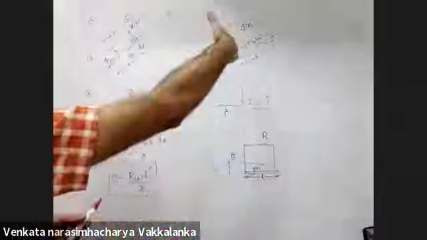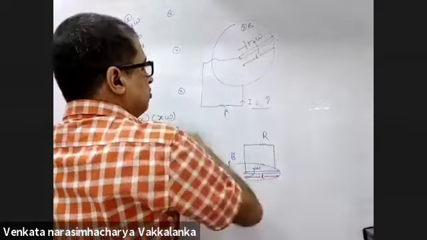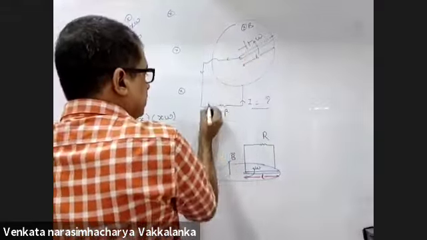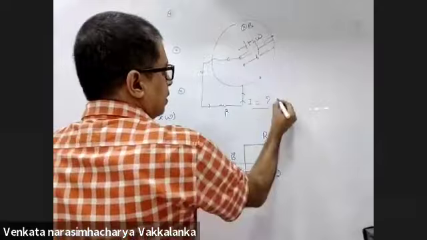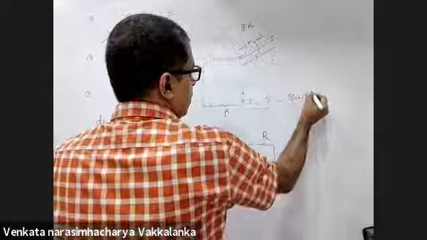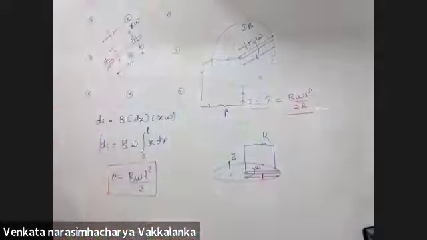See the direction by VBI, so this will be the positive terminal. Current in the circuit will go this way. B omega L square by 2R will be the current. Both the diagrams are the same, only the orientation is different.